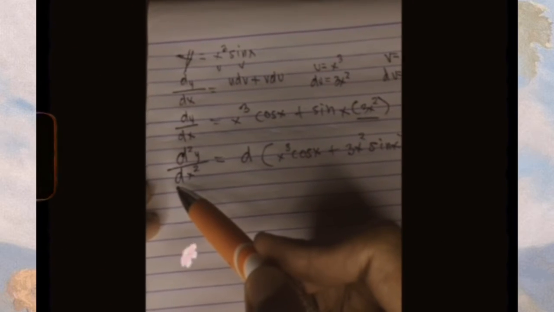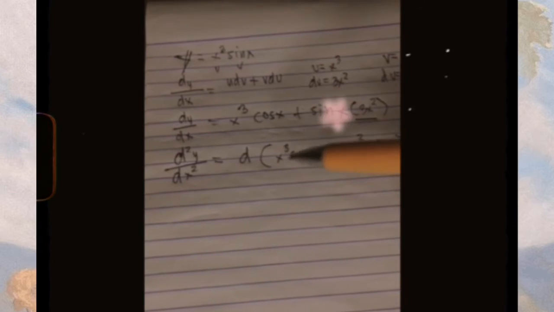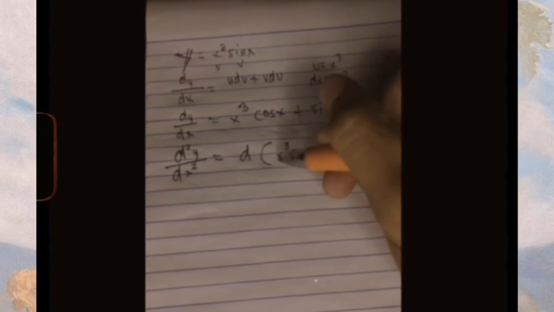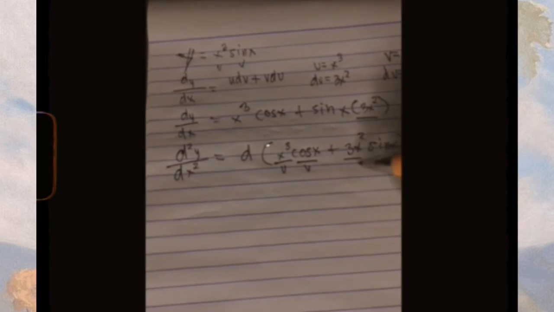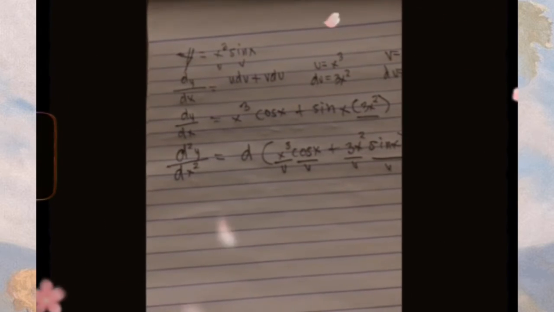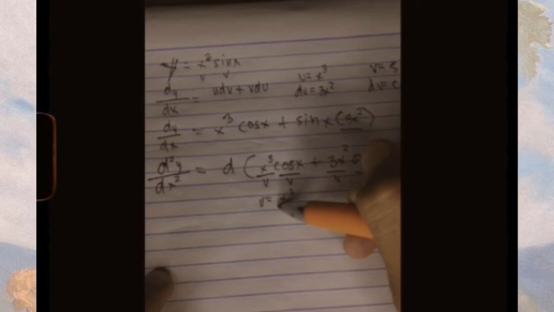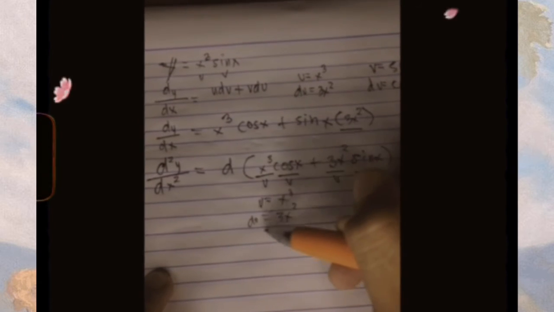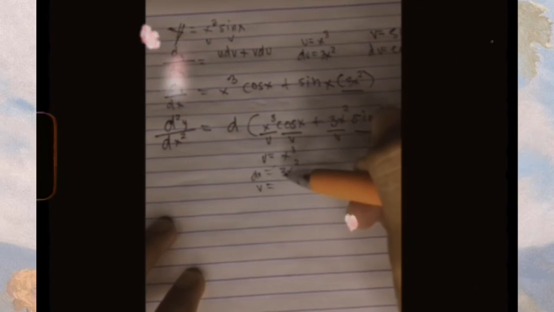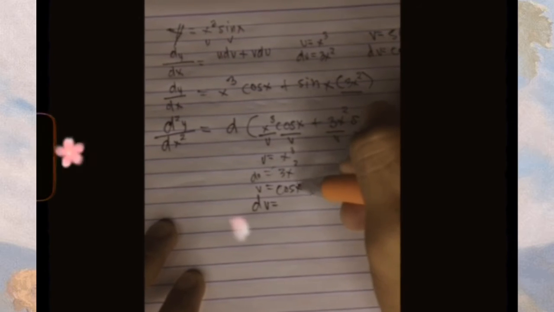We have two product rules. First, our u is x cubed and the derivative of u is 3x squared, and the v is cosine x, and the derivative of cosine x is negative sine x.